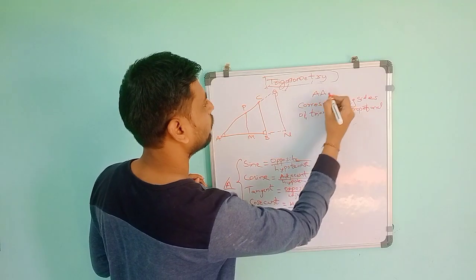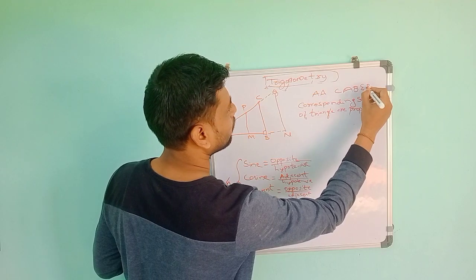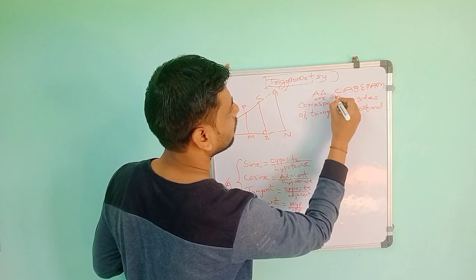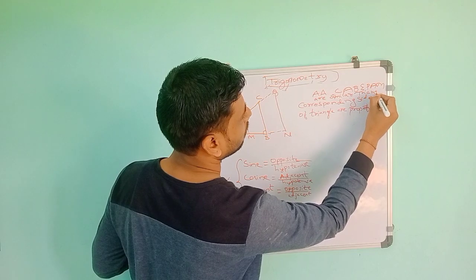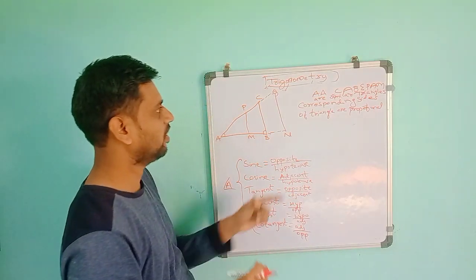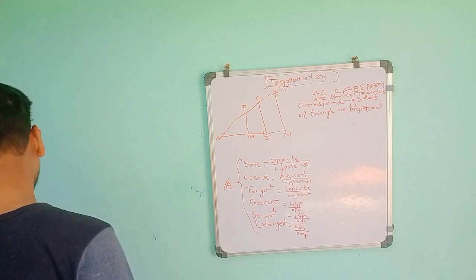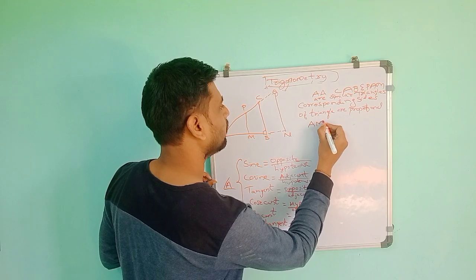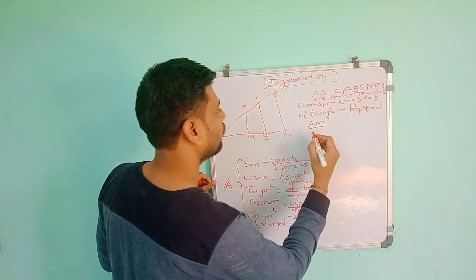So CAB and PAM are similar triangles, then corresponding sides of the triangles are proportional. So if you take AM divided by corresponding sides, AM is the PM value and AB is the AB.